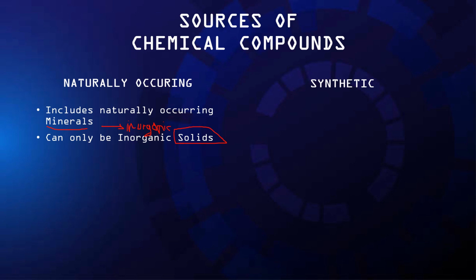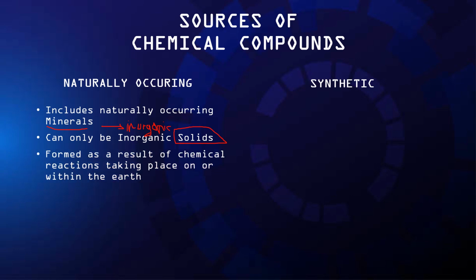Then how they are formed. Minerals are formed as a result of chemical reactions taking place on or within the earth. There are a lot of geochemical reactions that take place on the earth, either on the surface or within it. As a result of these geochemical reactions, we get many different minerals.